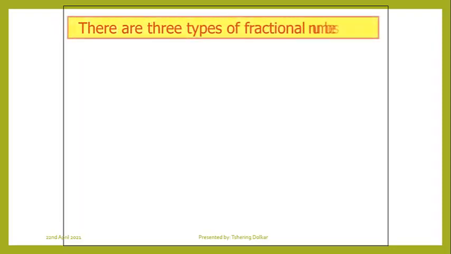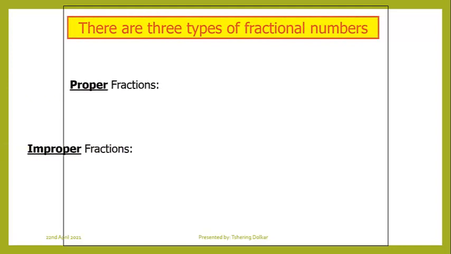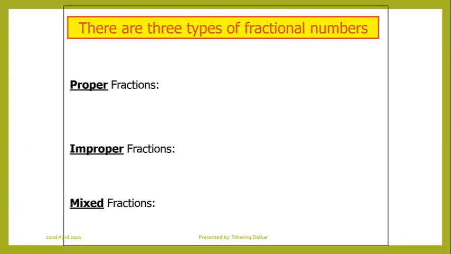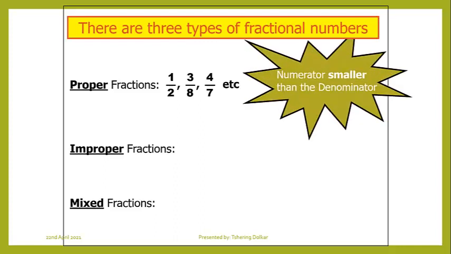So there are three types of fractional numbers. First one, proper fraction, improper fraction, and then mixed fraction. So let us look at some of the examples of proper fraction, that is 1 over 2, 3 over 8, and 4 over 7, which if we look at the fraction, we can see that numerators are smaller than the denominators.